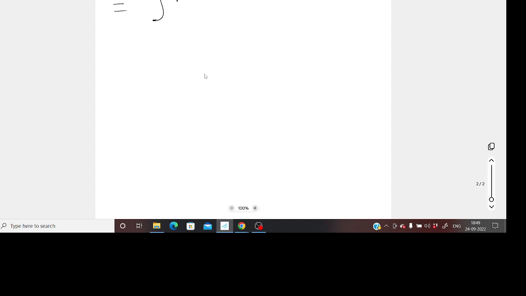So I am writing p equal to mv, so the energy will be half mv square, and there is a 1 by kBT factor, so this is equal to this.